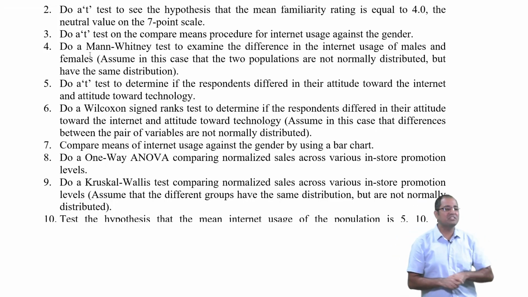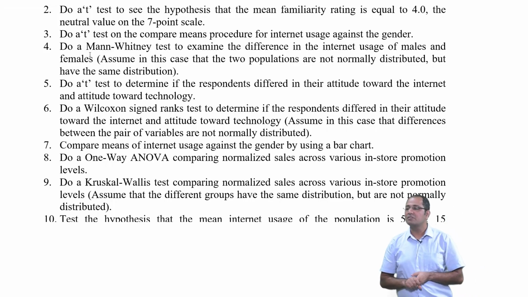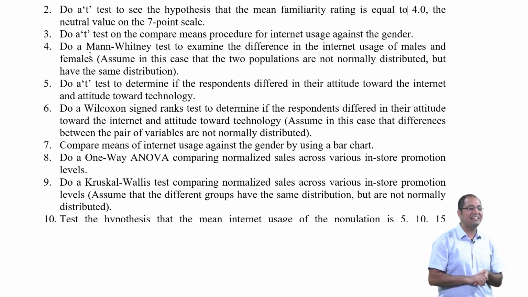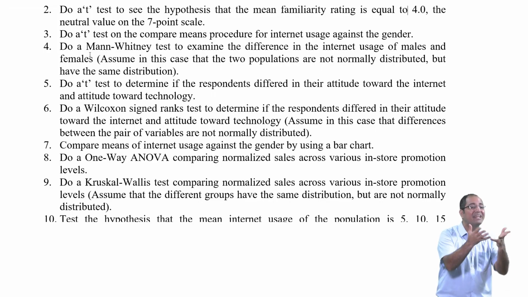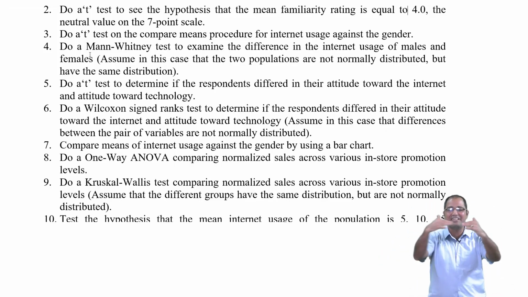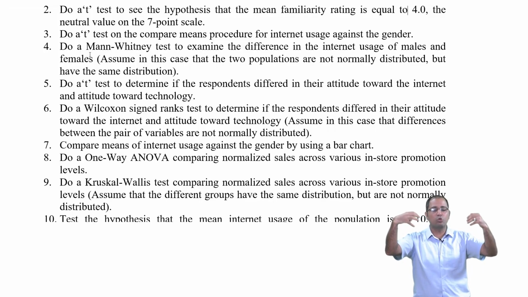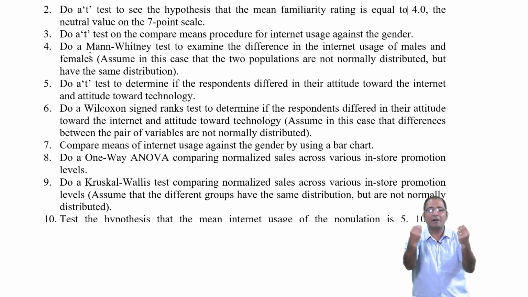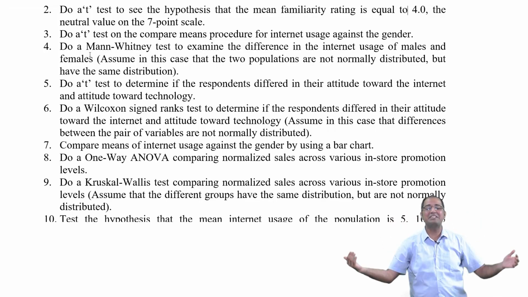When the data is non-parametric, which means, if the internet usage data right now is in ratio, but let's say it would have been ordinal. If the data on your variable is ordinal in nature and you want to see whether there is a difference among the two groups with respect to a particular variable, now this will be the difference in medians.